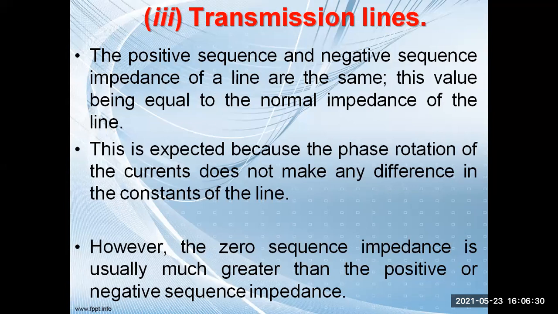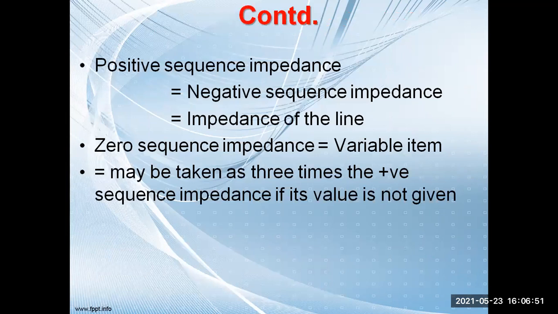So we have to understand in this case that the zero sequence impedance is usually much greater than the positive and negative sequence impedance. This is the one thing we have to remember for a transmission line. So in short, we can summarize that the positive sequence impedance equals the negative sequence impedance in case of a transmission line, and that is equal to the impedance of the line.